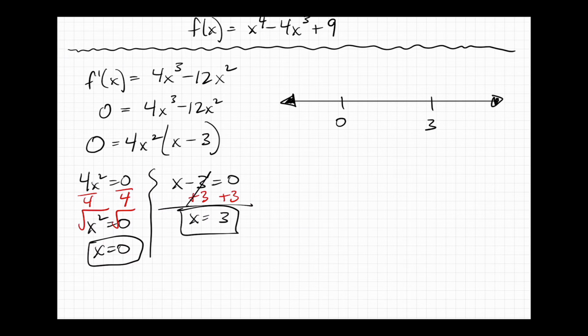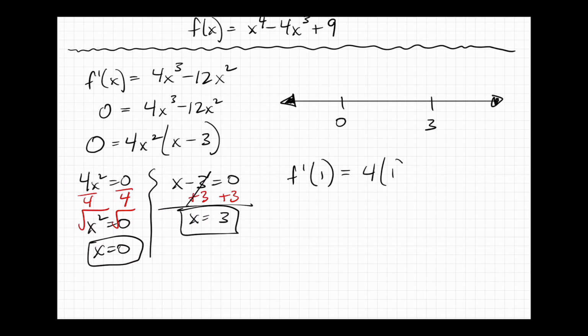So we're going to do what we did yesterday. Check a value in between 0 and 3. Any value in between 0 and 3: 1, 2, 2.5, 1.5, 0.7, whatever you want. I'm going to try 1 since 1 is probably the easiest number in between there.